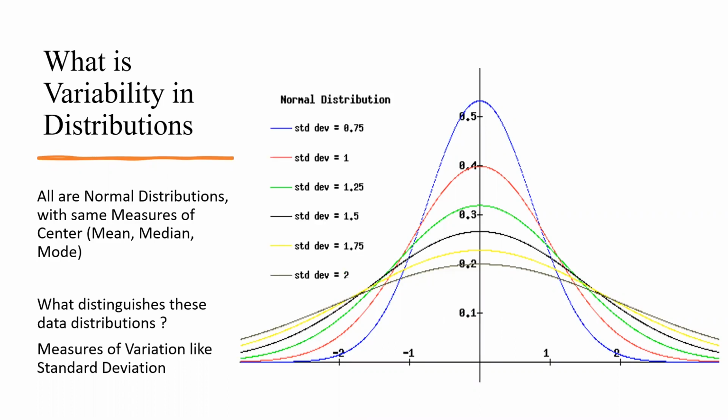But for the time being, if we look at the standard deviations of each of these curves, the one with the lesser range, the blue color, has the lowest standard deviation, 0.75, and as we go across, the red one is slightly higher, 1.25, then 1.5, and the one with the highest range, the black line going across the 0.2 line, has a standard deviation of 2.